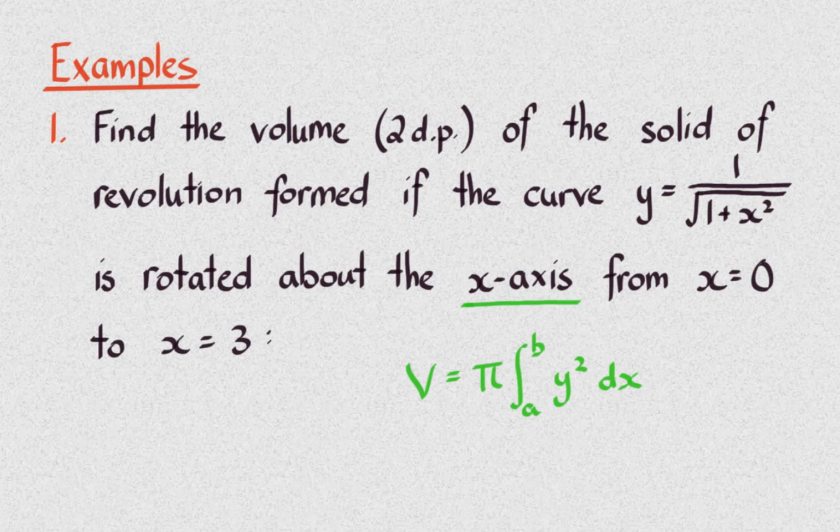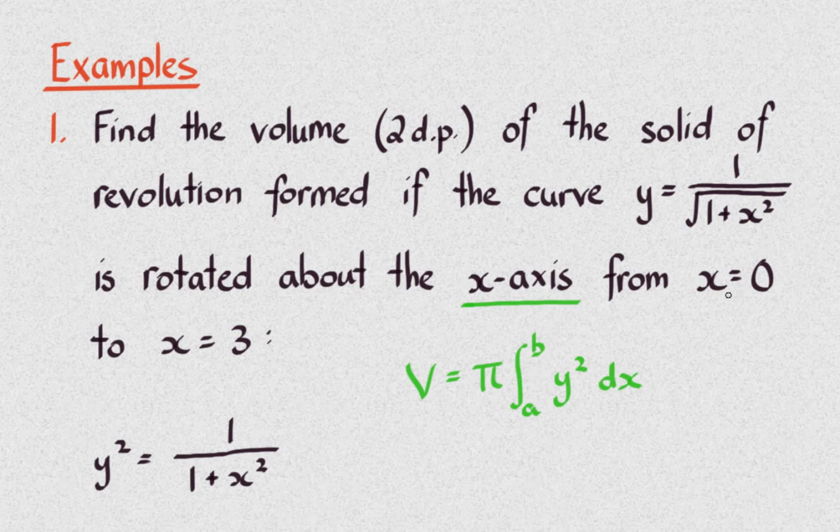So let's come up with an expression for y squared. We have y, so if we square both sides, we can see that 1 squared on the top remains as 1, and then underneath the square root, when we square that, it disappears. So this is the function that we want to integrate between our limits.